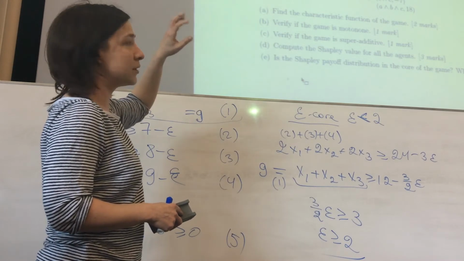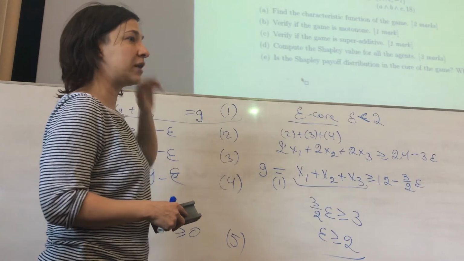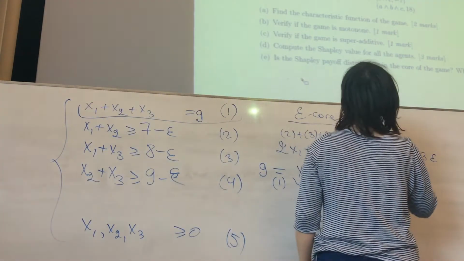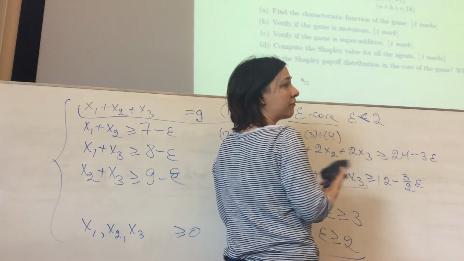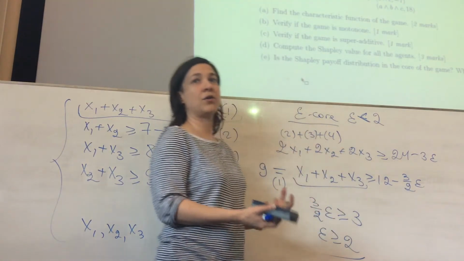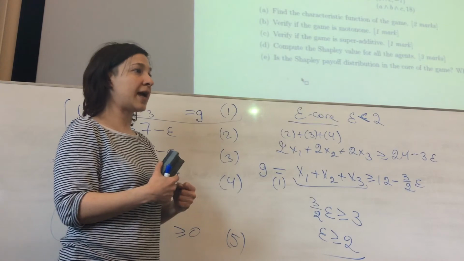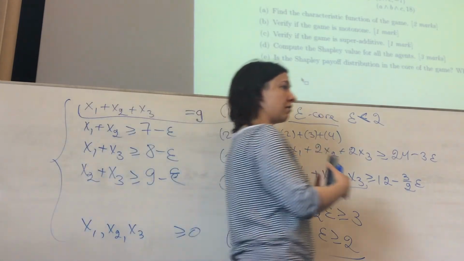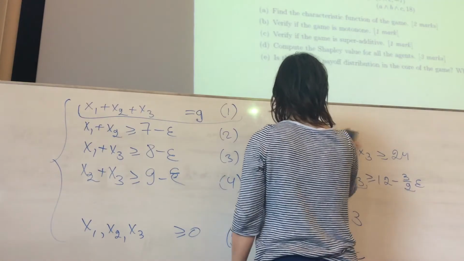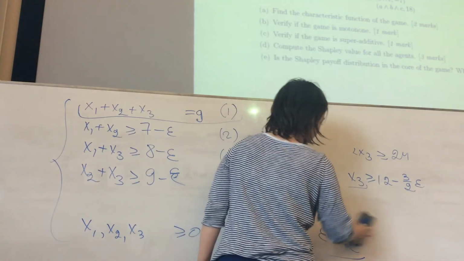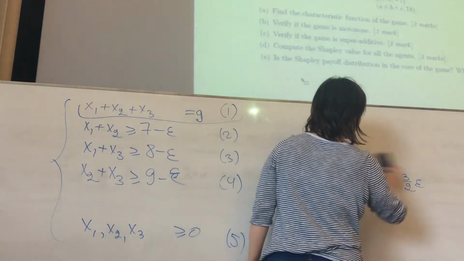Then there was 7, 12, 12 for pairs, and 25 for the grand coalition. Then to verify that the game is monotone for every coalition, you have to look at all its subsets and show that their value is lower than the value of the superset, and indeed it does hold for all the coalitions.